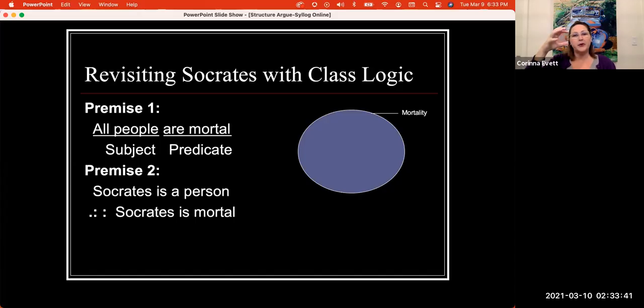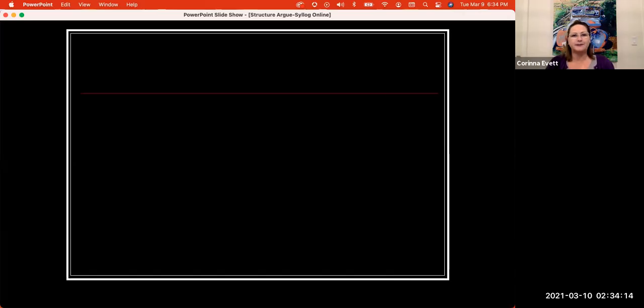So if all people are mortal, mortality is on the outside. And then we have people, right? And then we have Socrates. And so now do you see that we're seeing visually what we were doing with our words and with our reason and with our logic. And this is another way for us to gauge that, yes, the structure of this argument is valid. And because we've already talked about premise one is acceptable, premise two is acceptable, this is then a sound argument.